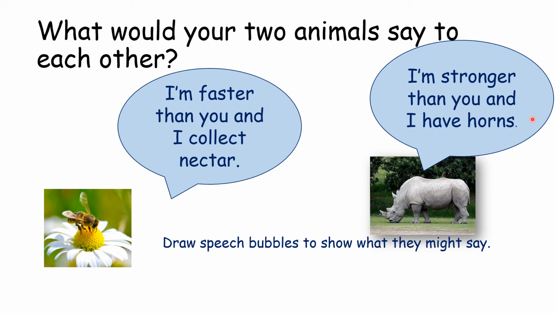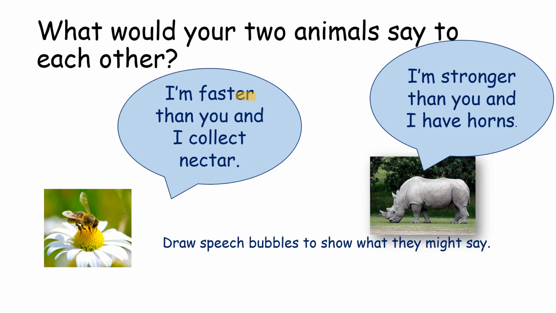So let's have a little think about what is in my sentences that I've done. Okay, so I'm faster than you. Do you remember when we did some work on the endings of words and how the endings change when we are comparing something? So fast goes to faster, and we add on that ER ending. I'm faster than you.